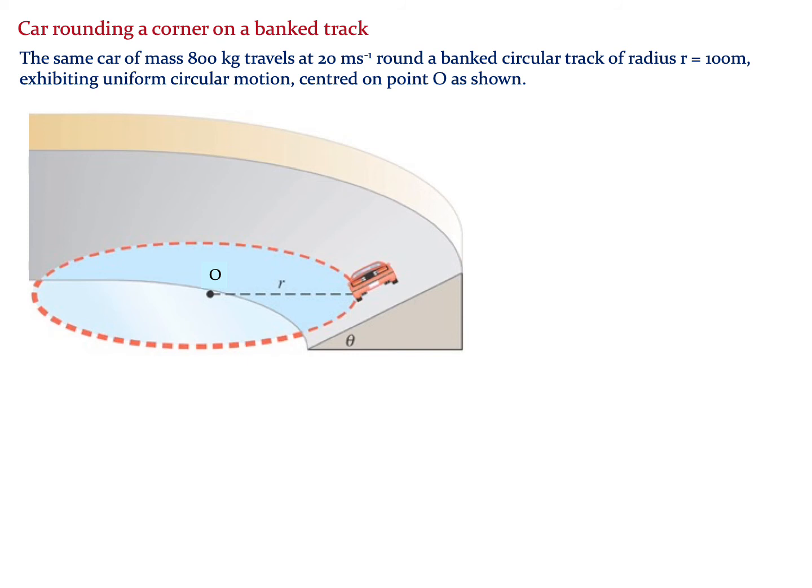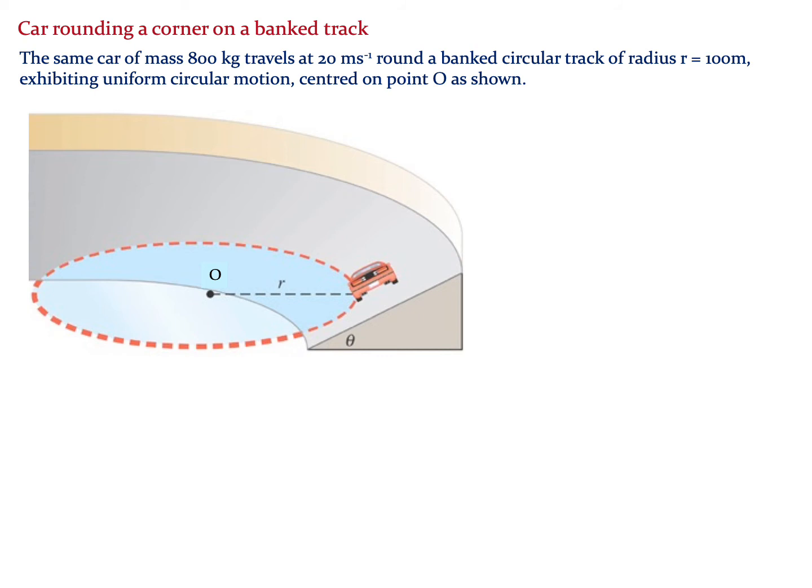And if you look at the diagram, you can see the car approaching the corner of a banked track. The angle of slope of the track is theta. We're assuming uniform circular motion is being described by the car, so the radius of curvature of the track, which we assume obviously to be circular, is r, and that red dotted line is the imaginary circle described.